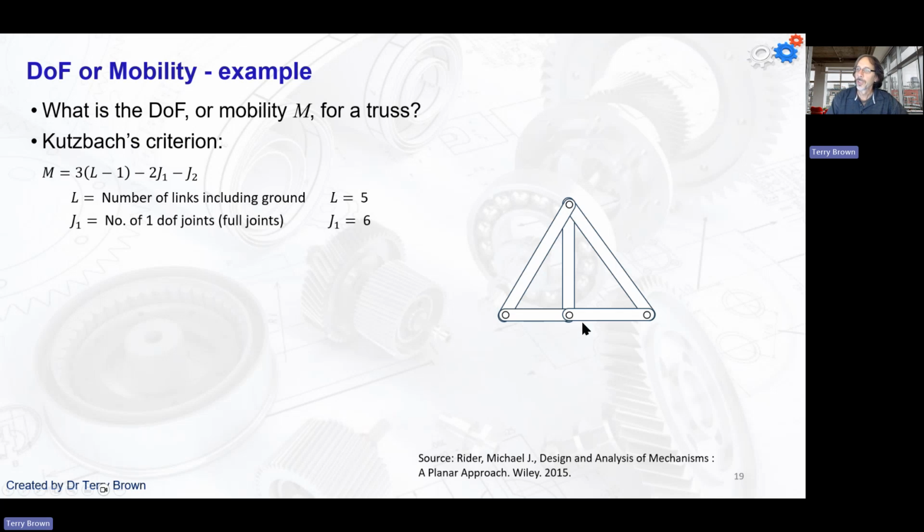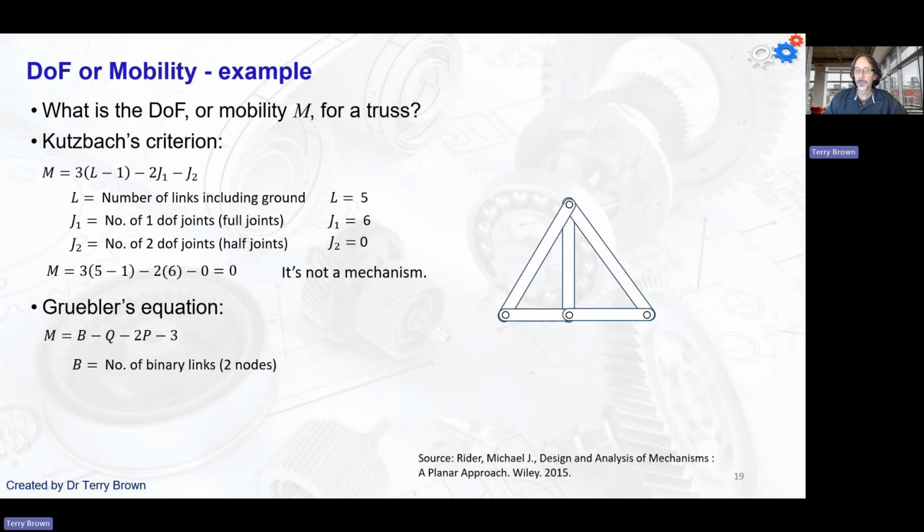So what's happening here? We've got more than 2 links connected. We've got 3 links connected at the same point. So here we've got 2 joints, and here we've got 2 joints. So our total is 1 plus 1 plus 2 plus 2 gives us 6. No half joints. So if we put that into Kutzbach's criterion, we get 0 again, as we expect.